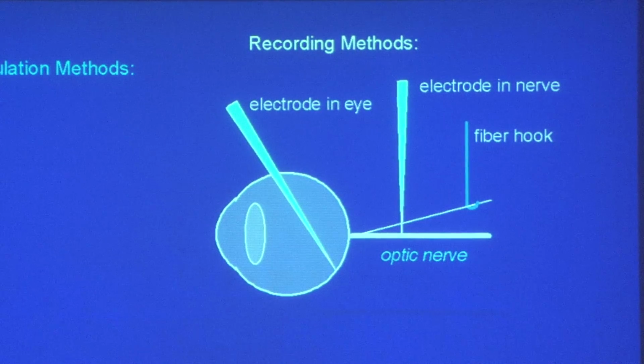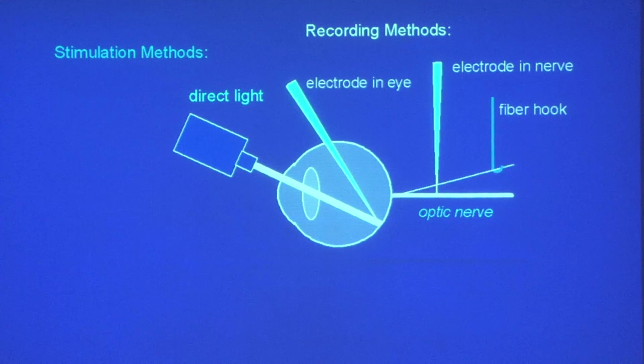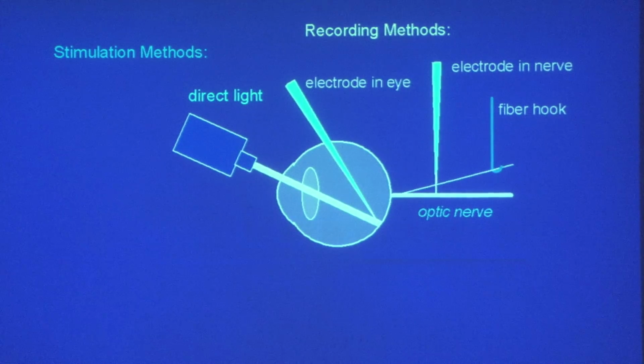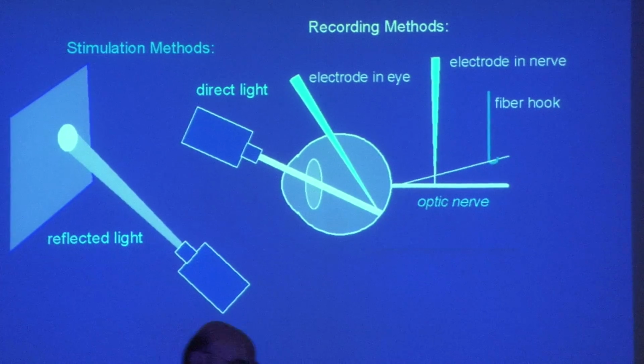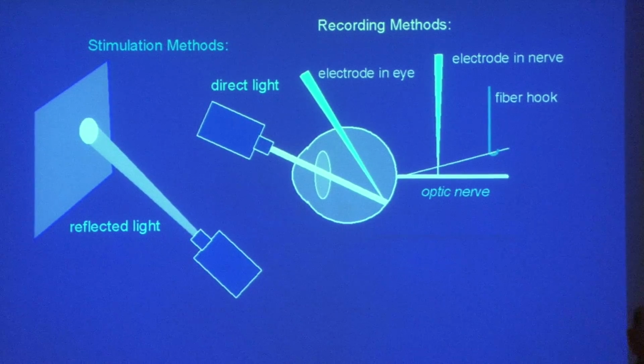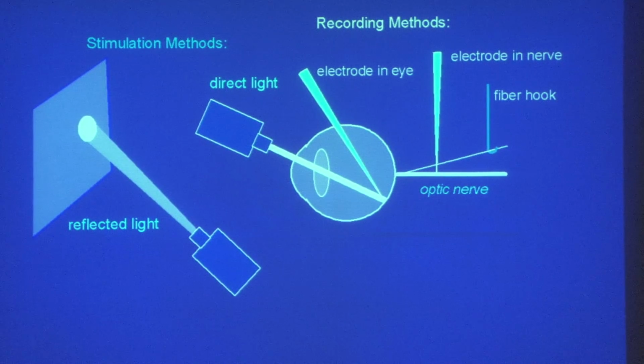And then what he did, he shone light into the eye. And then subsequently, especially when I talked the last time about Hubel and Wiesel, what was done is to use reflected light. Most currently, we're using reflected light by presenting images on a computer monitor facing the animal or the human we are studying.